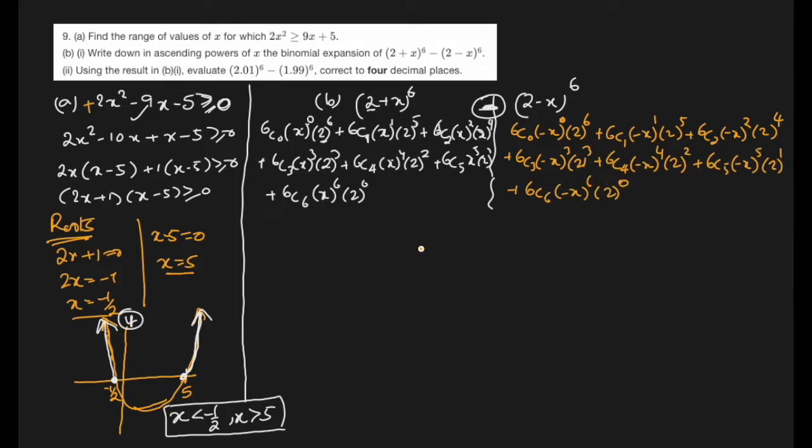So I'm done here. I have expanded both, and now I will simplify them one by one. So 6C0 is 1, and x to the power 0 is 1, 2 to the power 6 is 64. And this is how I will do it, and I will expand this, every one.